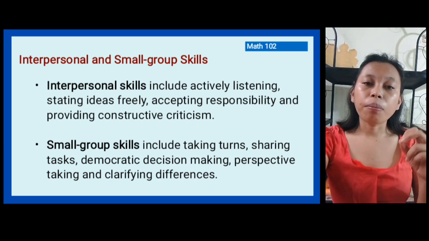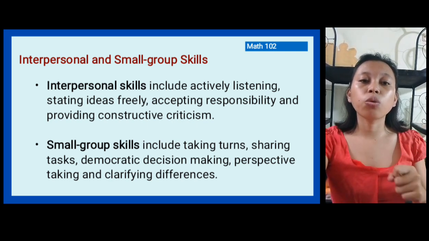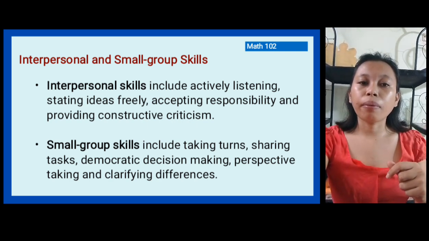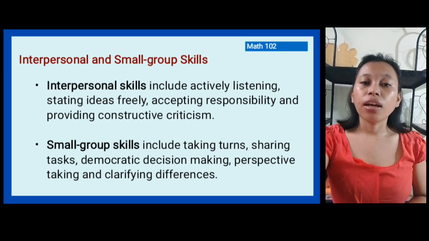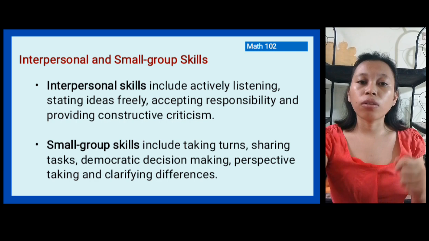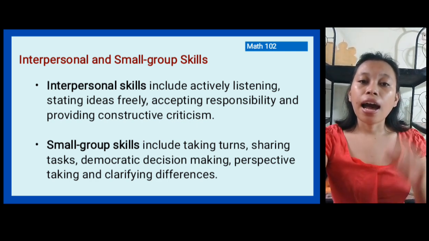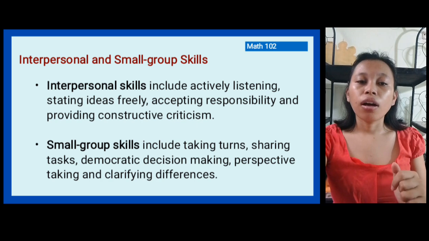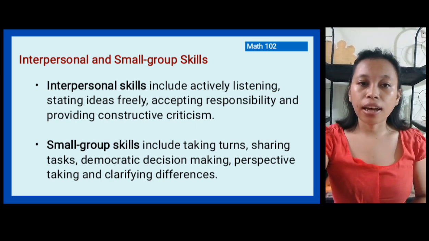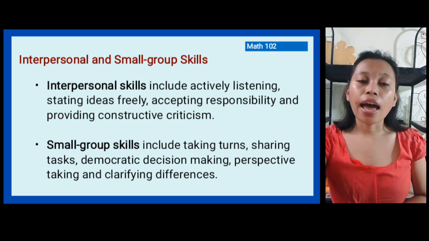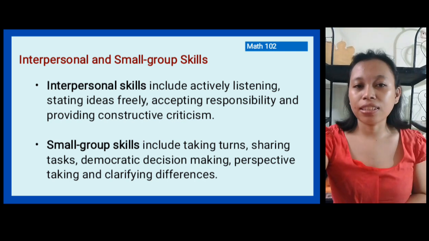Example, before starting a group project, students might discuss how to communicate effectively, how to resolve disagreements, and how to ensure everyone has a chance to contribute. That's interpersonal and small group skills.